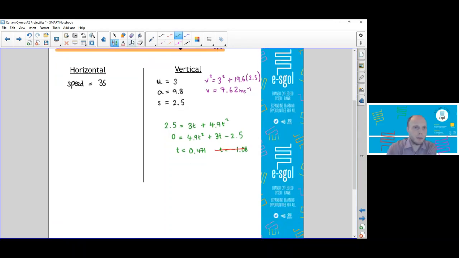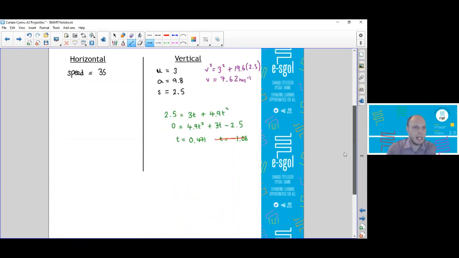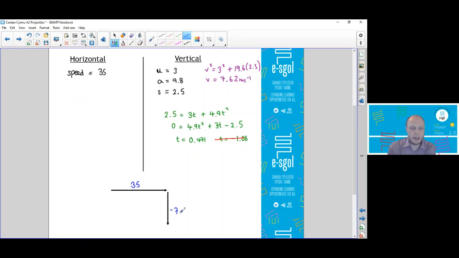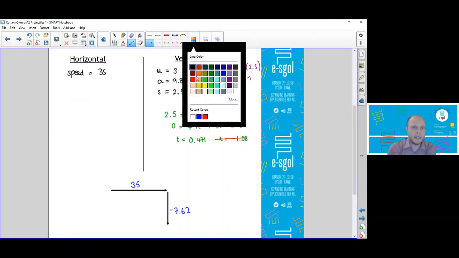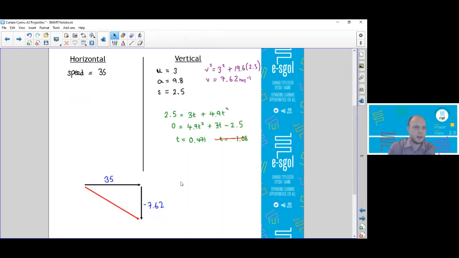Right, well, let's do the speed first of all, because the first thing we have to do is work out the speed when it bounces. So that means if I make a sort of a bigger version of my little triangle I've already drawn, we've got 35 horizontally, we've got minus 7.62 here. And again, this is just a Pythagoras and tan question. You do get bored of doing this when you've done a few projectile questions because they all seem to ask for it.